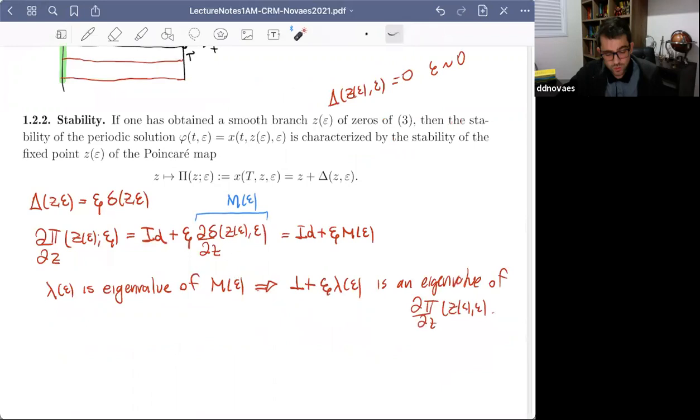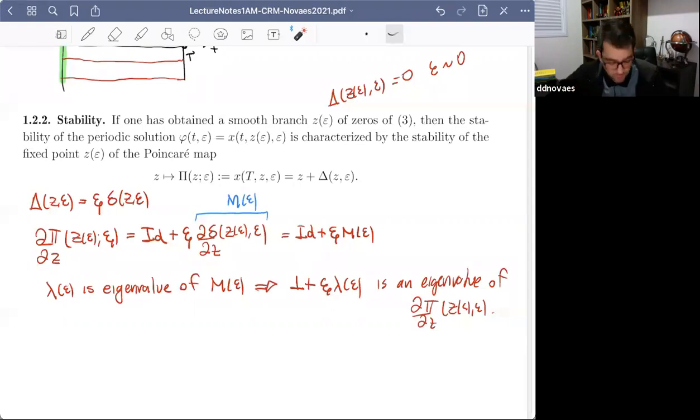If we have a hyperbolic fixed point of the Poincare map, that is, a fixed point such that the modulus of every eigenvalue of this matrix is distinct from 1, then we can characterize the stability of this fixed point by means of eigenspaces: the stable invariant space and the unstable invariant space.